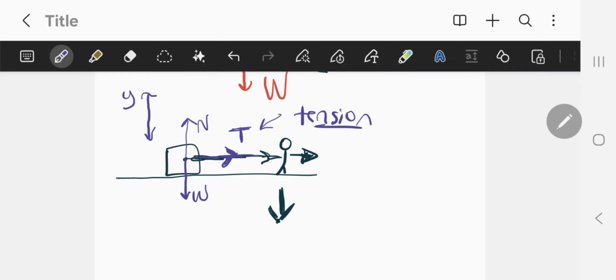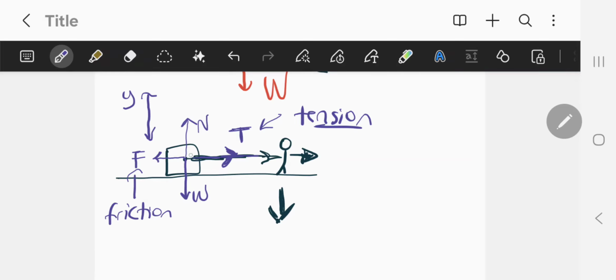Now, when you move something, in the opposite direction there's friction acting on it, in this case the box. So I'm going to draw an arrow to the left, a smaller arrow than the tension arrow, because the size of the arrow indicates the size of the force. I'm going to call this capital F, that's friction.